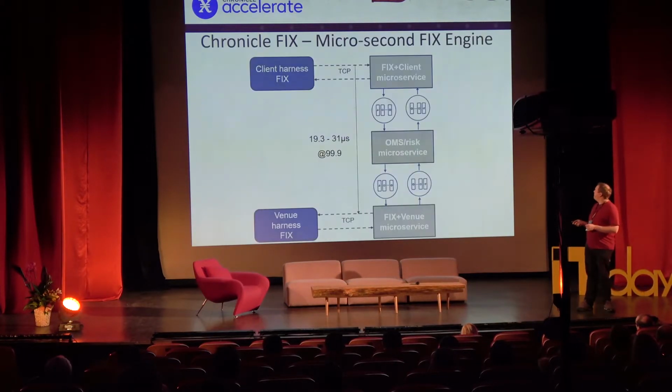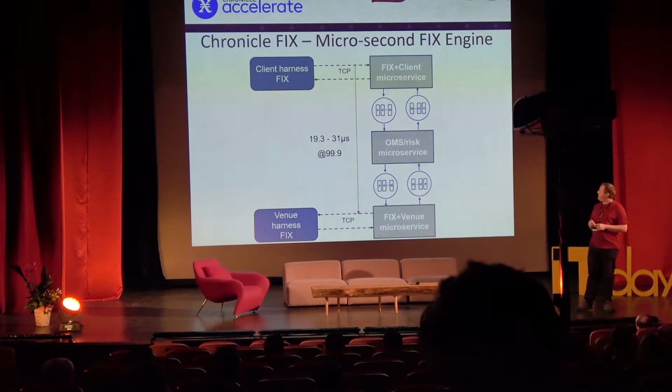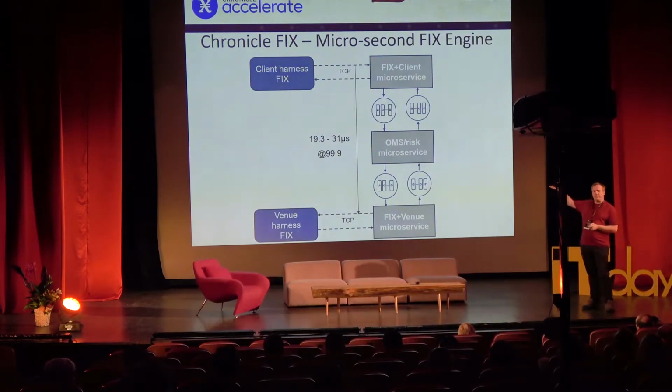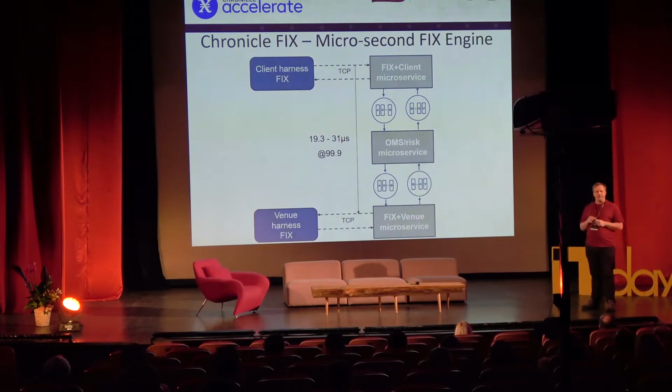And so as an example here, this has got FIX, which is a particular protocol that's often used in financial institutions. It goes through a series of microservices and then goes out to the venue. The worst 1 in 1,000 was 19.3 microseconds.